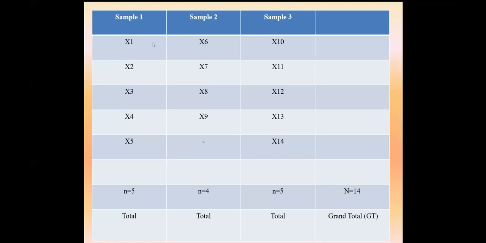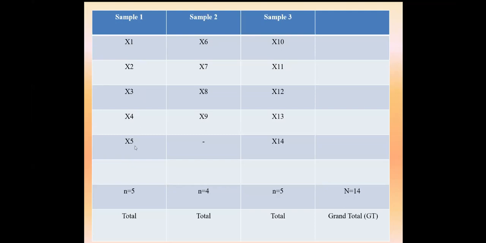Suppose we have collected data from 3 separate areas, and this data is in the form of sample 1, sample 2, and sample 3. In sample 1, we have variables or values like x1, x2, x3, x4, x5. These are the values which have been collected.